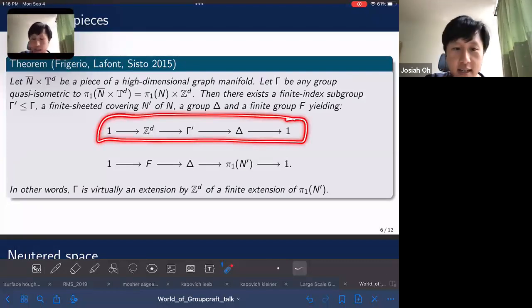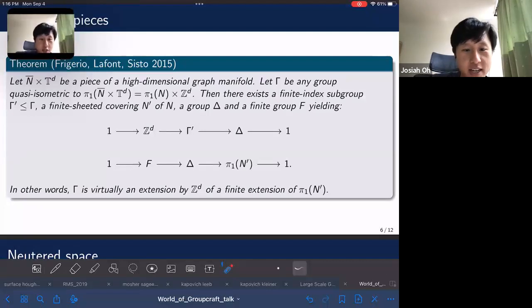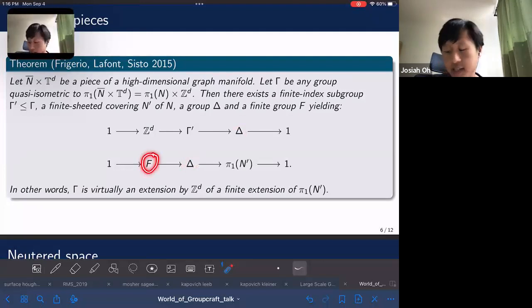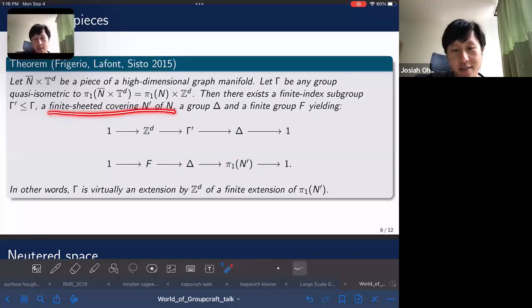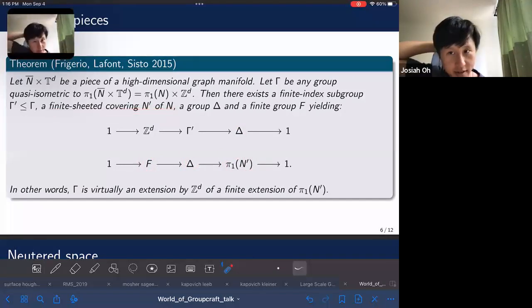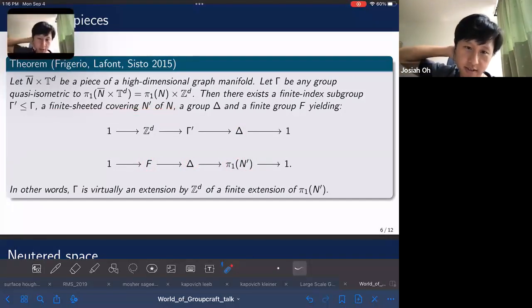This is saying that gamma prime is an extension by Z^D of some other group, call it delta. And delta itself is a finite extension of some pi_1 N prime. And since N prime is a finite sheeted covering of N, this pi_1 N prime is a finite index subgroup of that.